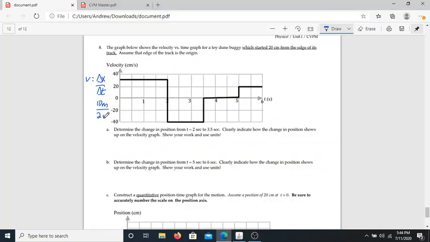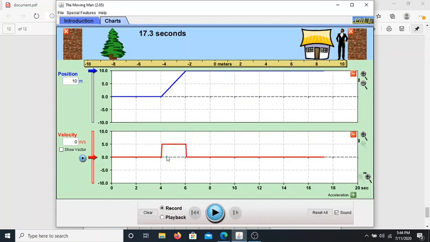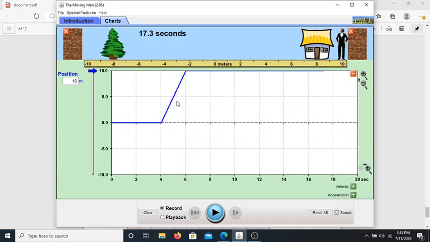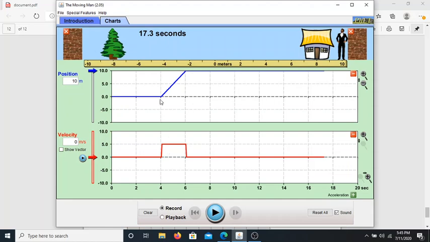So we get that the velocity should be equal to 5 meters per second. And if we look at the graph, you'll notice that's exactly what happened. This velocity time graph is a nice horizontal line at 5 meters per second. So if I was only given this graph, I could still create this velocity time graph based off of what I know to do with graphs besides reading them.